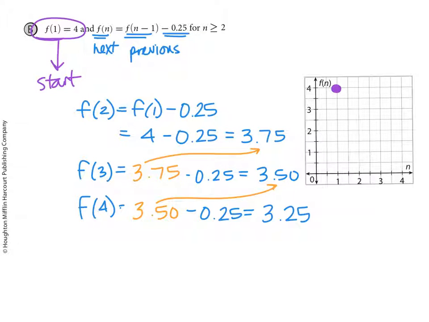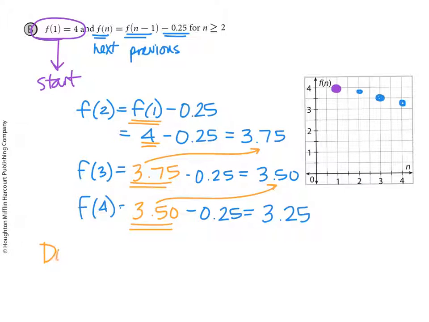So if we go to plot these, my second term we said was $3.75. My third term is going to be at $3.50. My fourth term is going to be at $3.25. Hopefully you kind of see how to plug that in and how to use the previous term in all of these, how you get where the previous term is from.